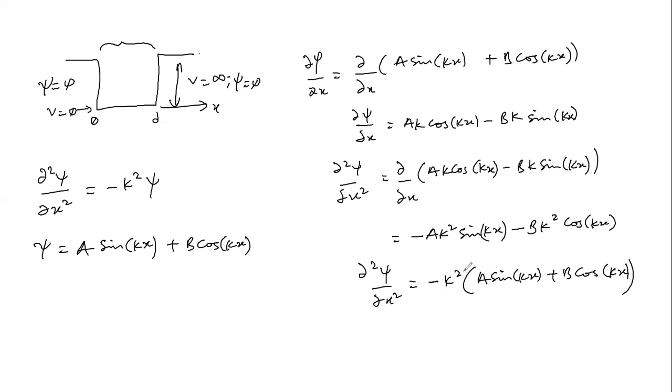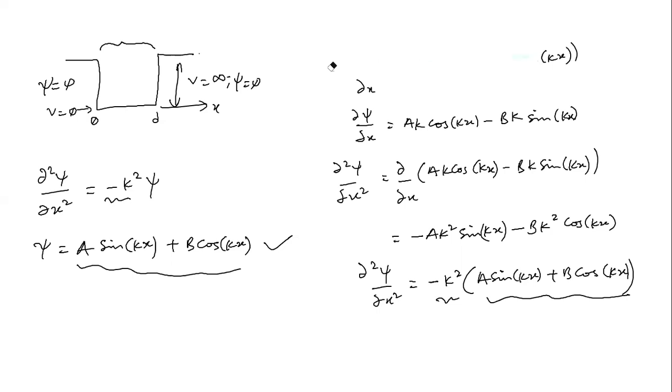Now you observe that this is the same as the wave function, and then we have the minus k squared. Hence, this is a solution to this expression. We just verified it. Now that we have verified it, we can go on with our solution.